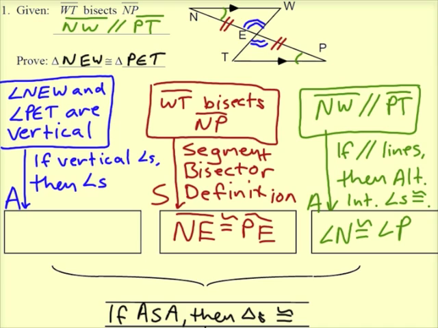Vertical angles are always congruent, which means angle NEW is congruent to angle PET. And so there's our proof. We're done. Just scroll down a little bit so you can see everything.